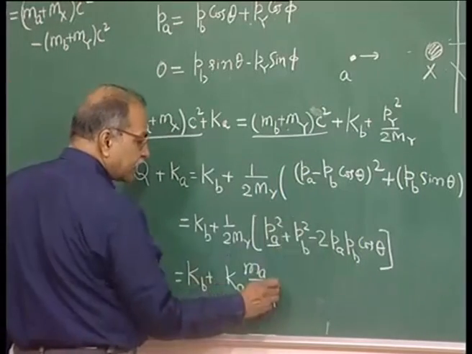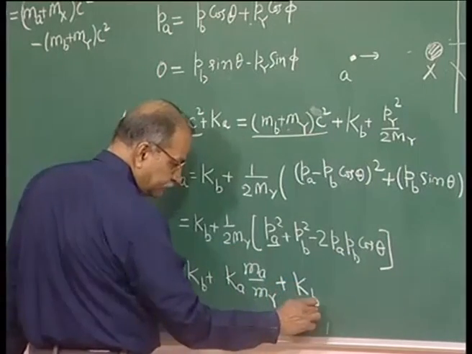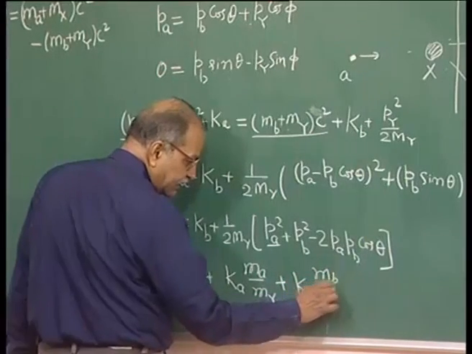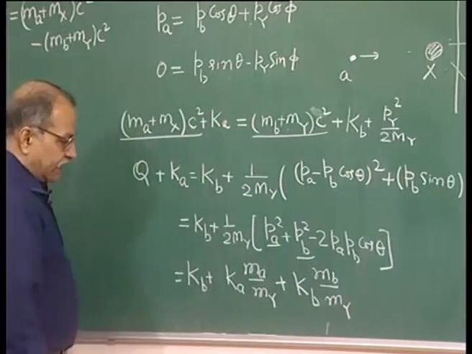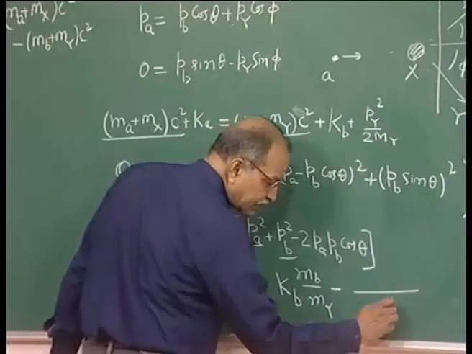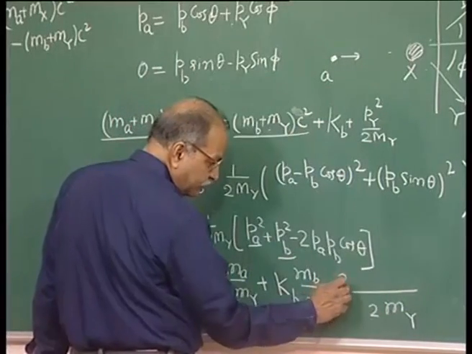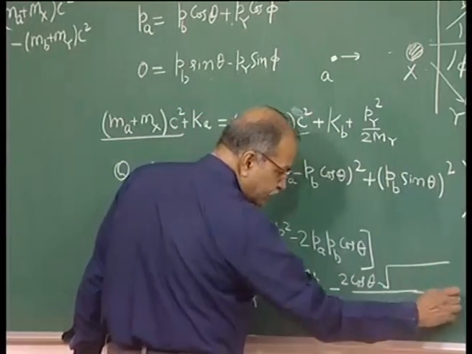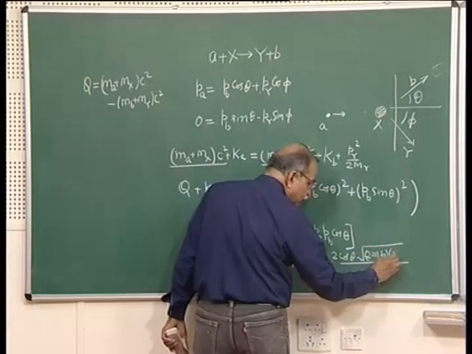Similarly, this Pb square divided by 2 my, this will be Kb, and then you will have mass of B divided by mass of this capital Y. So, this is this, and here it is minus, and let me write this 2 my so that I do not forget, minus 2 times cos theta and Pa Pb, which you can write as square root of 2 ma Ka and 2 mb Kb.